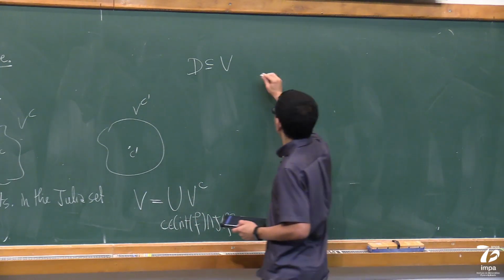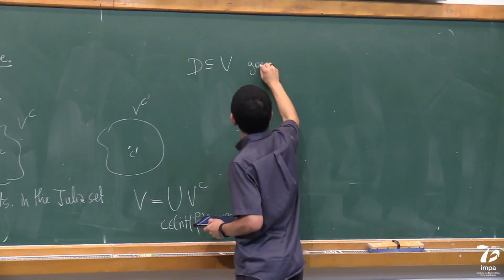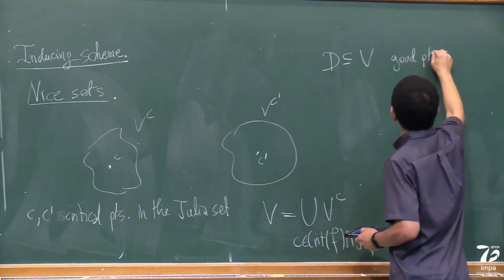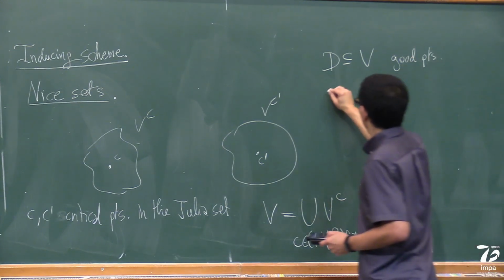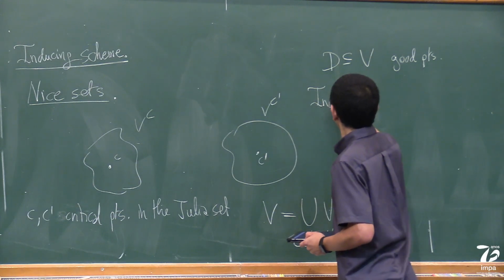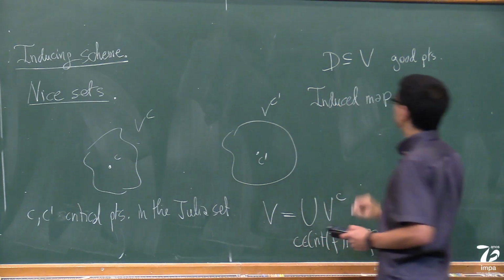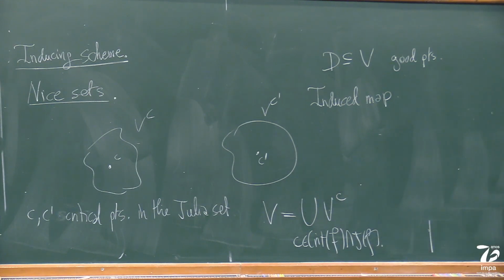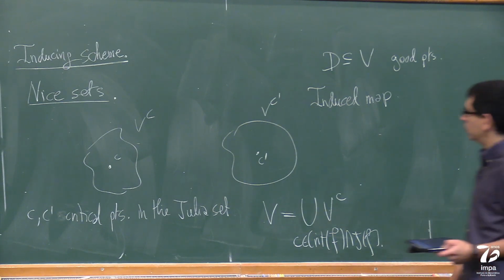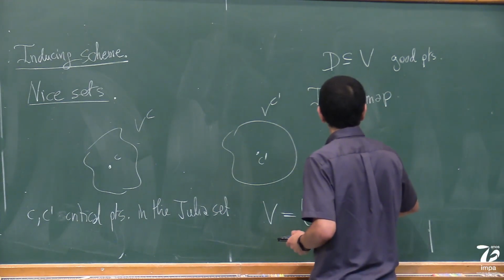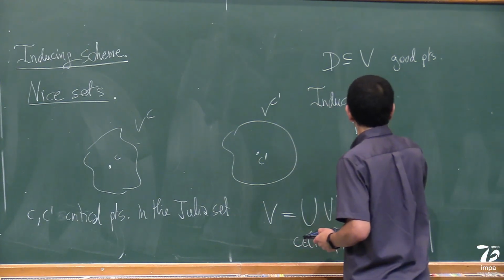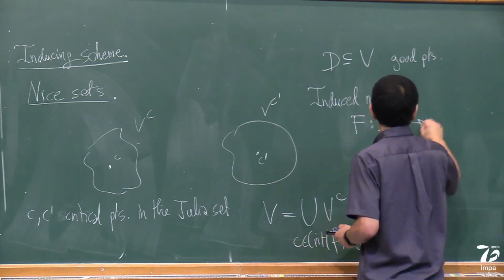And you have some domain, so the good points. And you have an induced map. So this is some return map that may not be the first return map. In general, it's going to be a higher return map that goes from this domain to B.